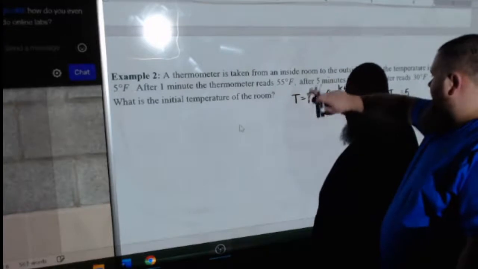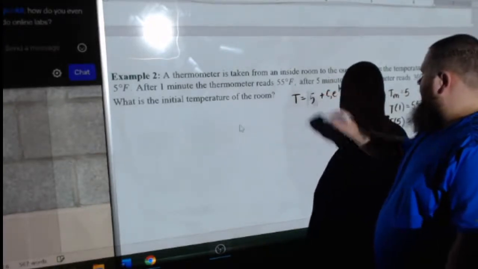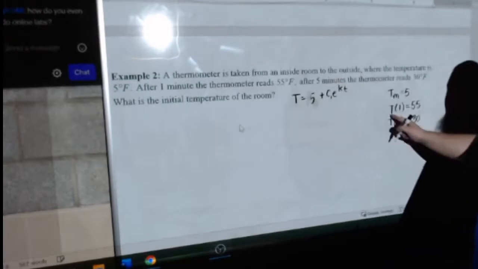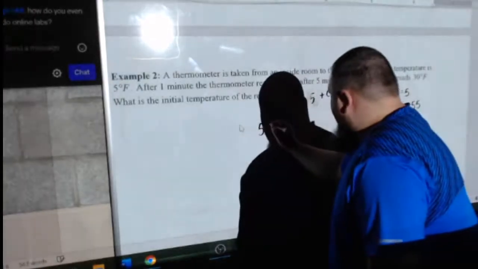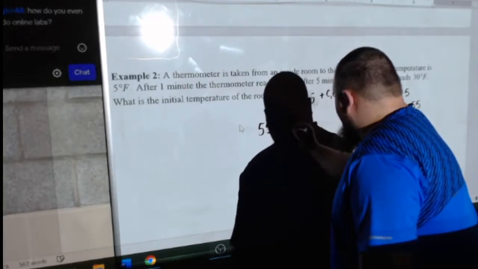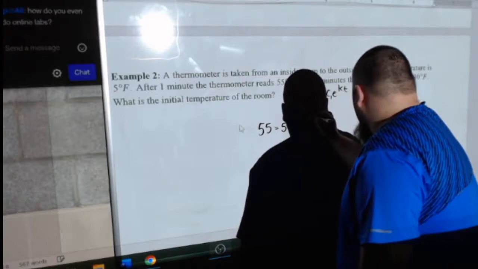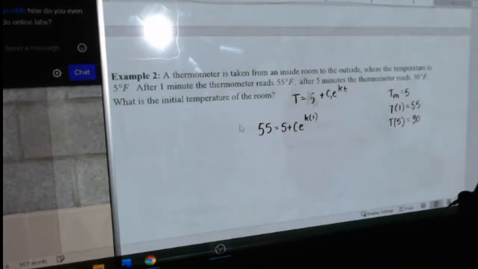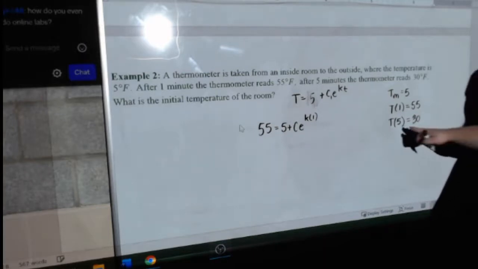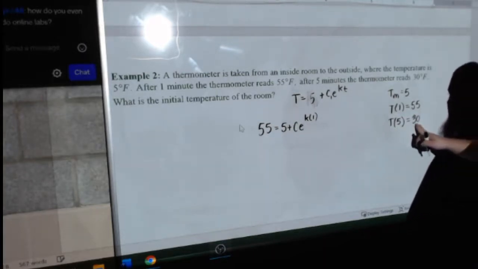So first off, T sub m we know is 5. So I'm going to plug in this first condition. It says that 55 must equal 5 plus C e to the K times 1. Okay. Then I'm going to plug in little t equals 5 and big T equals 30.